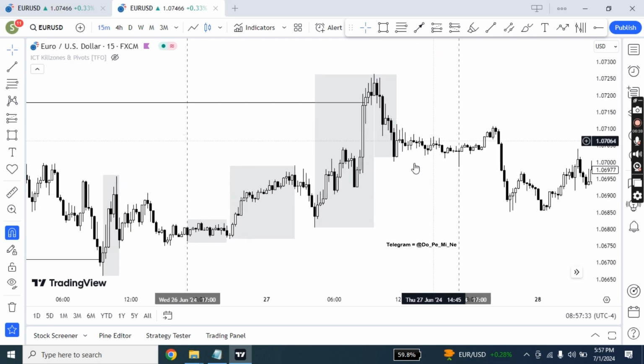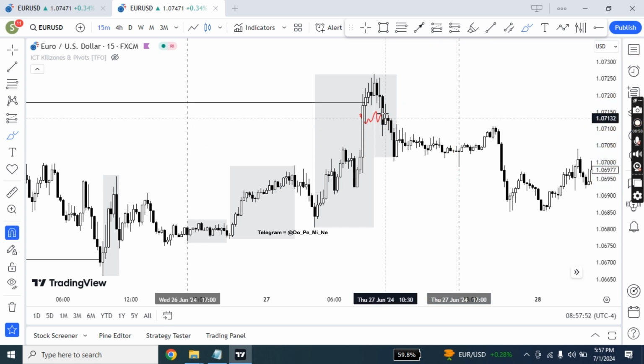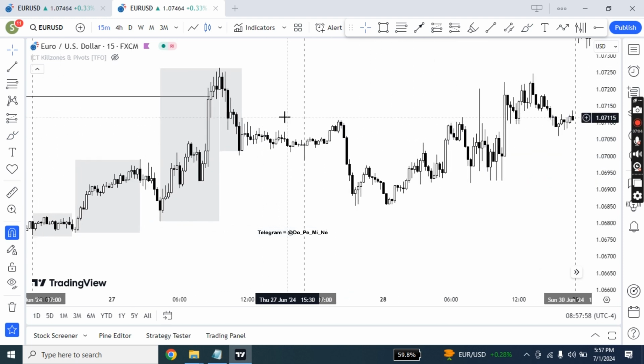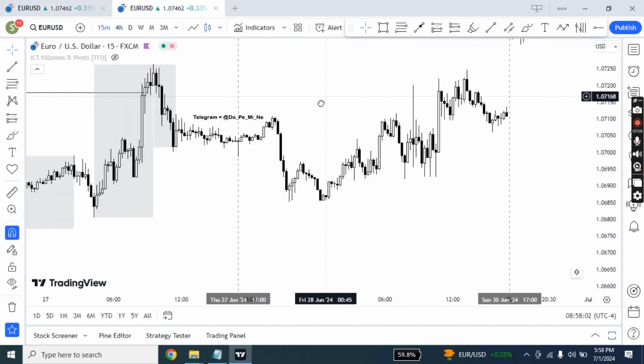If price hadn't closed inside that key level and hadn't taken out that high, for example like this, and the expansion profile had ended there, then we would have expected a range, then a manipulation, and then an expansion down. But in this case the expansion profile tested the key level, so we straight away expected a reversal profile from here. Now this is Friday's price action right here.